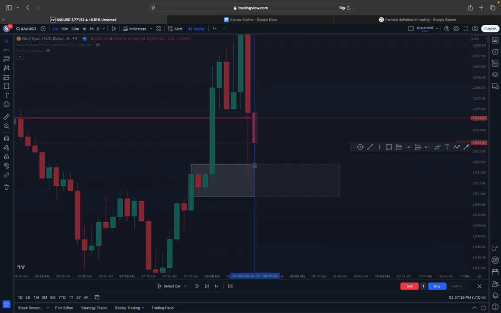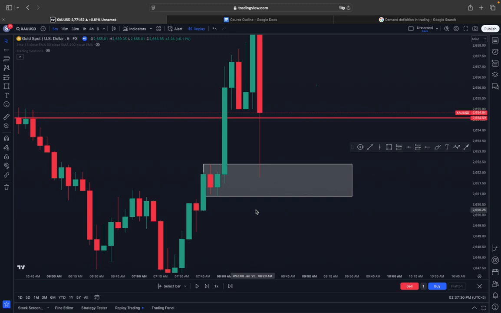Now, another way that we know this would have been an invalid demand zone is this right here. Let's say this candle's wick shot through. It shot through here.